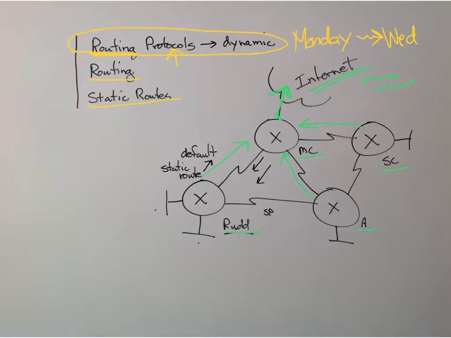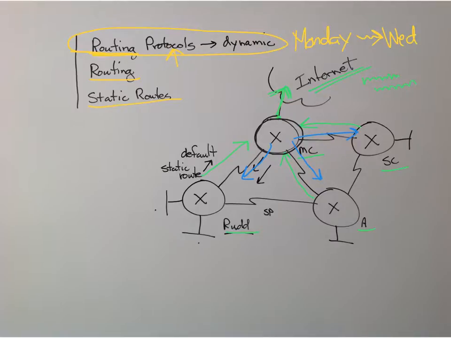So if we think about it, this router, we can have these default routes coming into that. And then if I use a different color, this router could have a static route coming back to here, a static route coming back to here, and a static route coming back to there. So that'd be one way to do it.